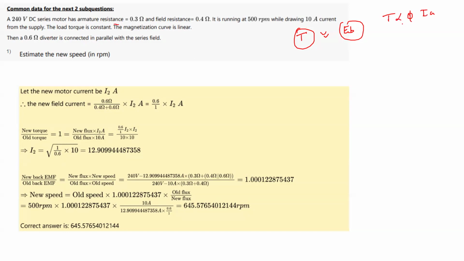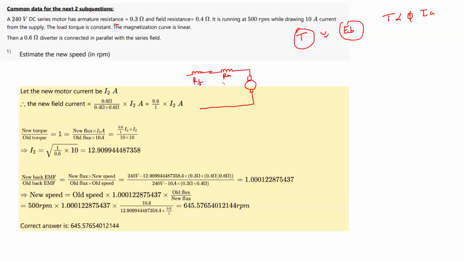Now what they have done is connect a 0.6 ohm diverter in parallel with the series field. So let us draw the two cases. In one case, the initial 10 ampere case, this is the armature winding and this is the field winding.